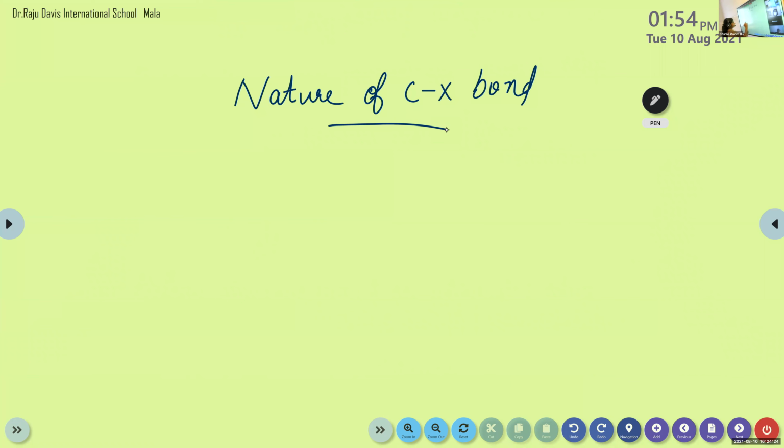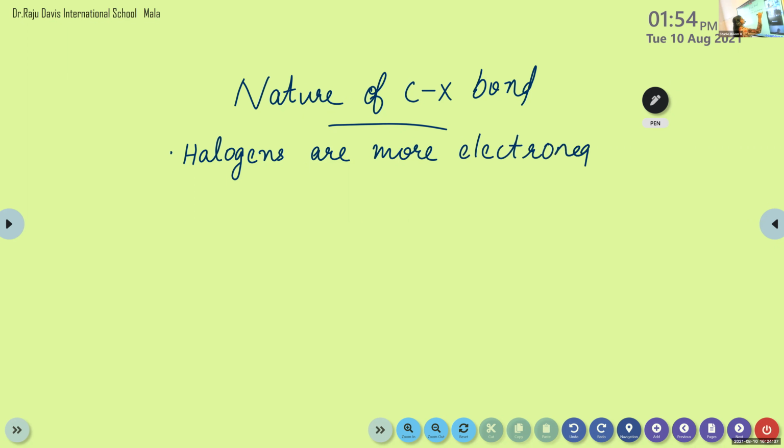The carbon-halogen bond is polarized due to this electronegative nature of halogens.